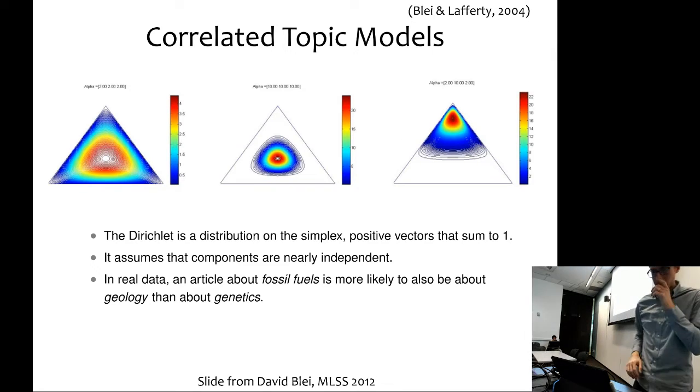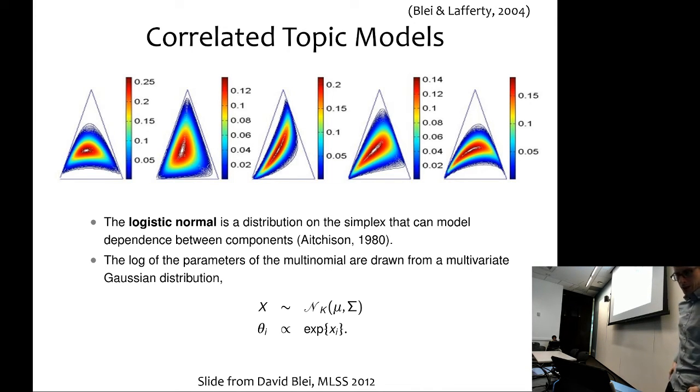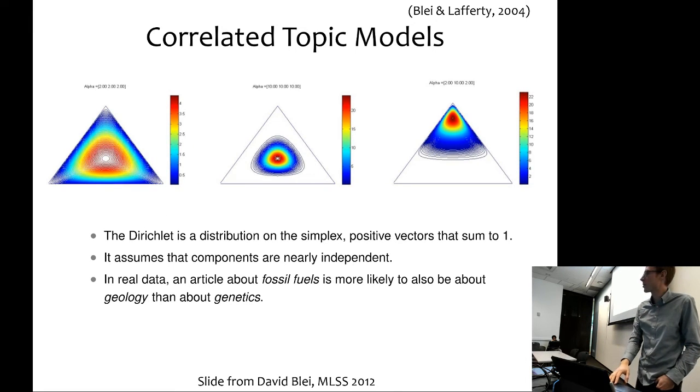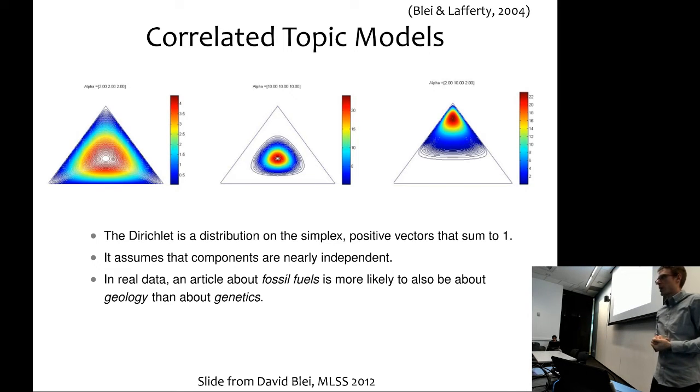And so the logistic normal is also a distribution on the simplex, but it can actually model dependence between components, right? If you look at these distributions from the Dirichlet, you can move the center of probability mass around, but it's somewhat symmetric as a prior.